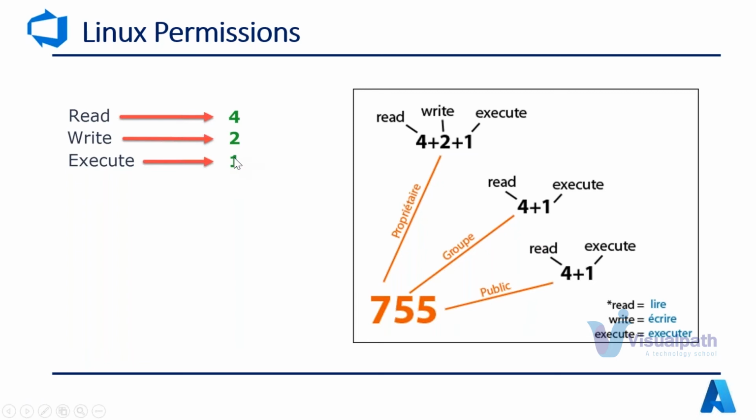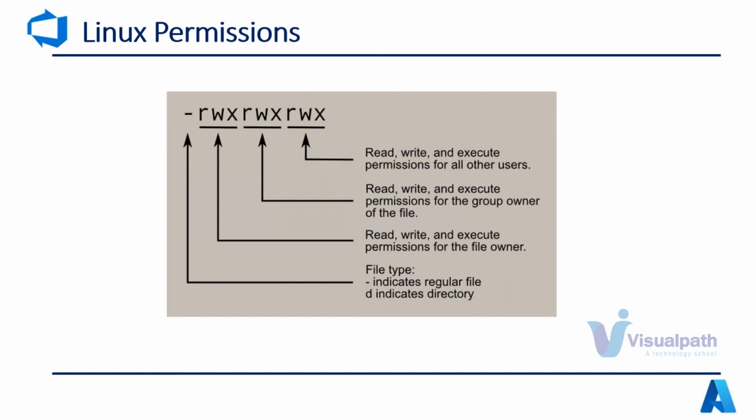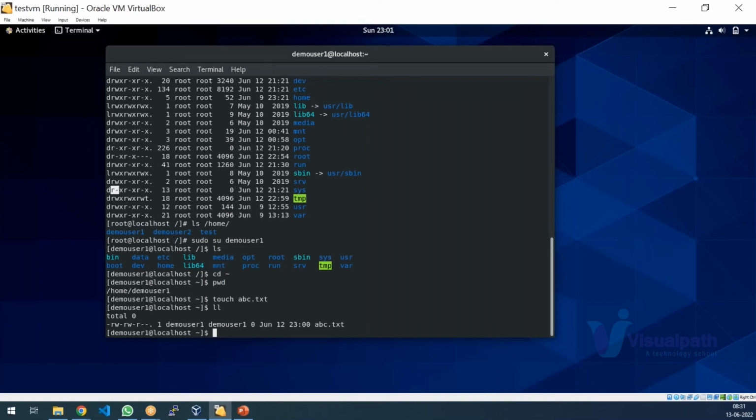How do we discuss permissions? If I say a file has 755 permission, I cannot keep saying rwx, r-x, r-x or rw-rw-, since it is difficult to read and to understand what permissions they have.